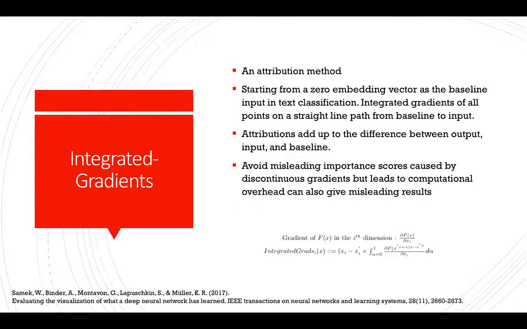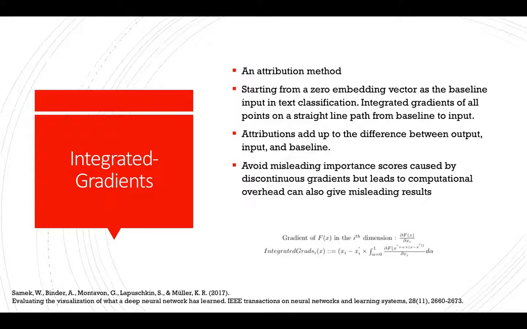So the integrated gradient is an attribution method. It starts from a zero embedding vector as the baseline, and the integrated gradient is the integral of all points on a straight line path from baseline to input. The attributions add up to the difference between the output at the input and at the baseline.